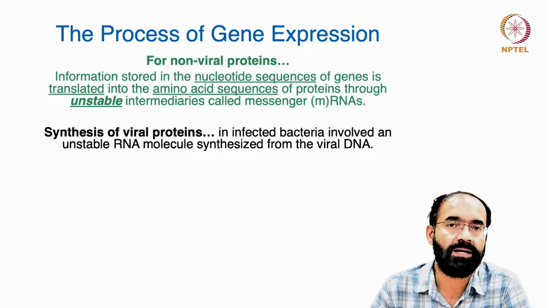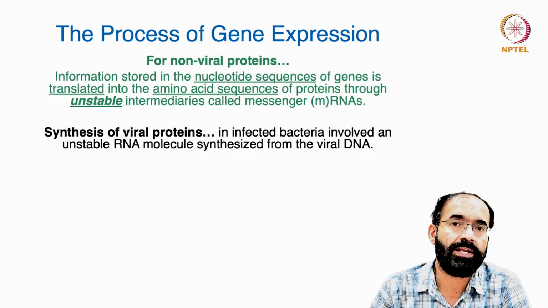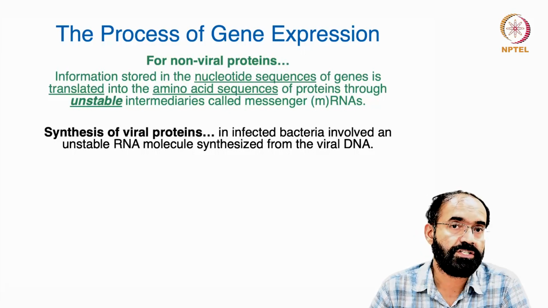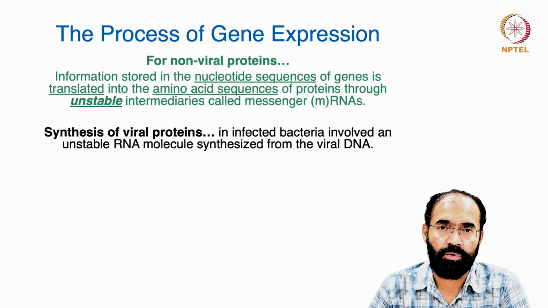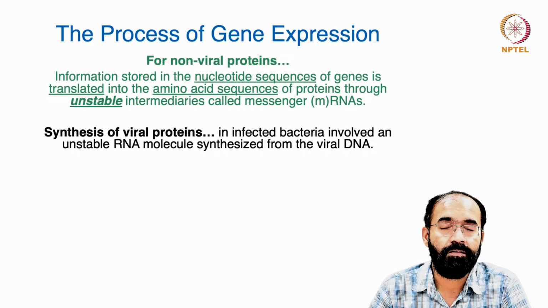One such example is the internal ribosome entry site. So this allows polycistronic function. Normally in eukaryotes, the genes are monocistronic. Monocistronic means one mRNA, one protein. But in some cases, such as bacteria, they have polycistronic.